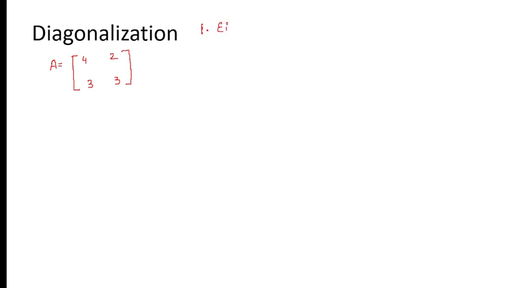We know we can get the eigenvalues from the characteristic equation, which is determinant of lambda I minus A equal to 0.